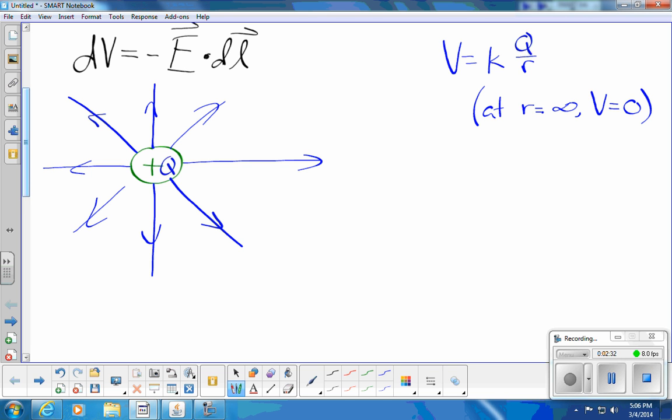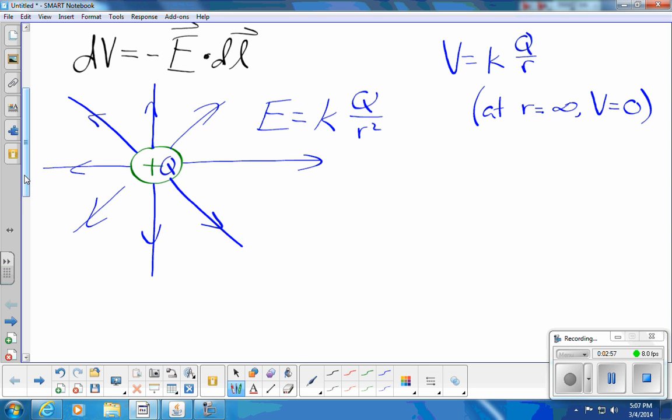And the electric field can be expressed with the following equation, which we have already derived using Gauss's law. The electric field at a point near this point charge is equal to, of course, K times the amount of charge Q over R squared, where R is a distance measured radially from the center of the point charge. So this is like an R-axis.